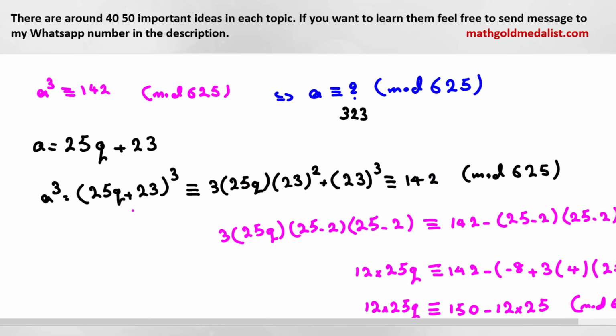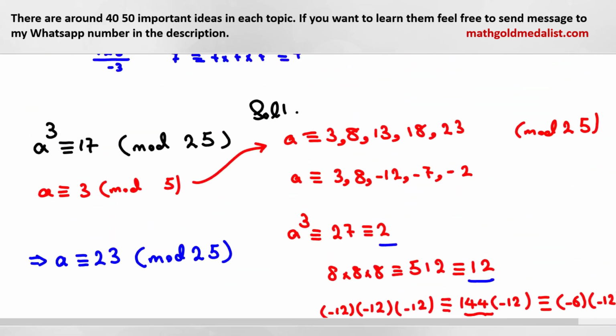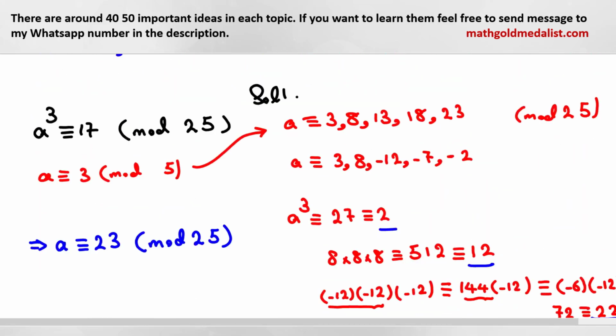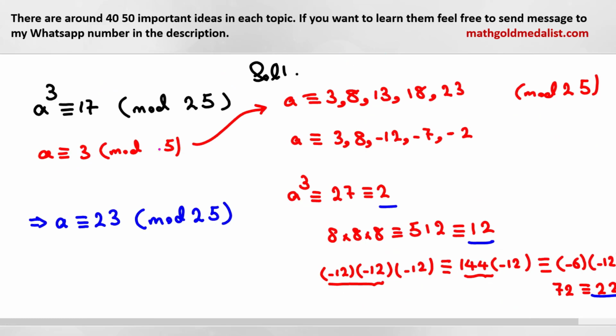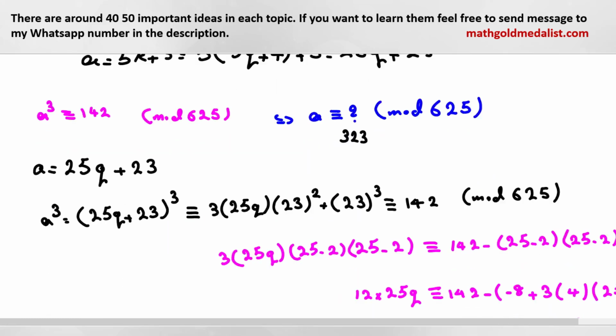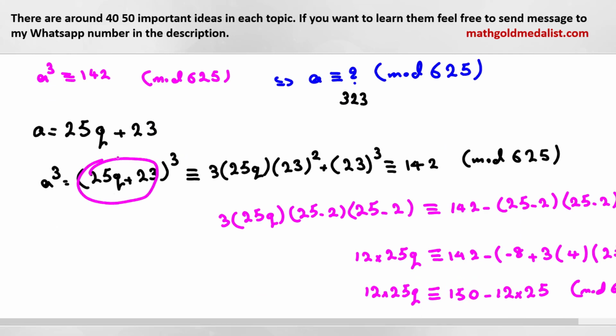And let me tell you, we should calculate mod 25 and then replace. If you want, at first we said it is 5q plus what in the beginning? A is 3 mod 5, right? If you want to use that mod 5 here and solve mod 625, it is not good, because then we have q squared. Understood what I mean, or want me to explain more? I understand. Then we have lots of terms and it's not easy to calculate because we have q squared.